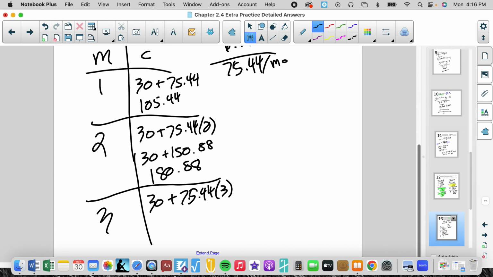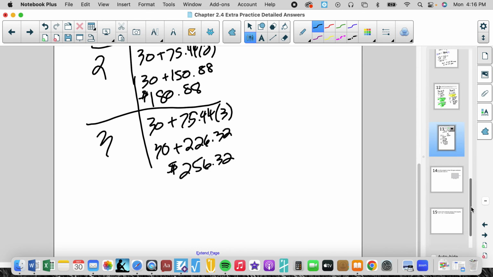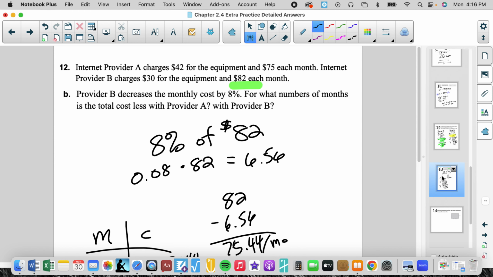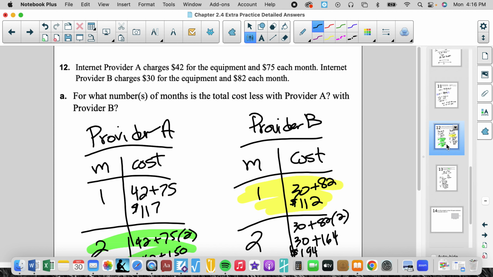And 3 months is going to be 30 plus 75.44 times 3. So 30 plus 226.32, which gives us a total cost of 256.32. Now let's check out those values. After one month it's 105, so still beats 117.